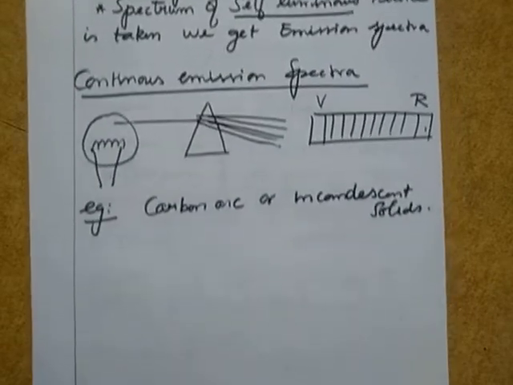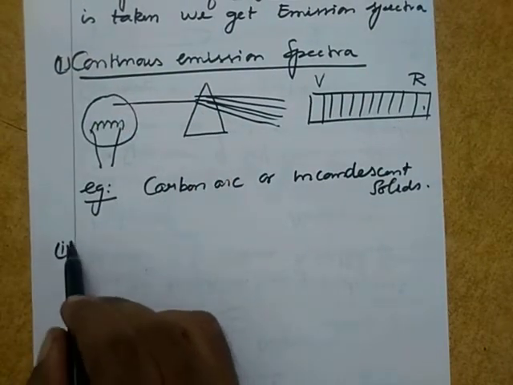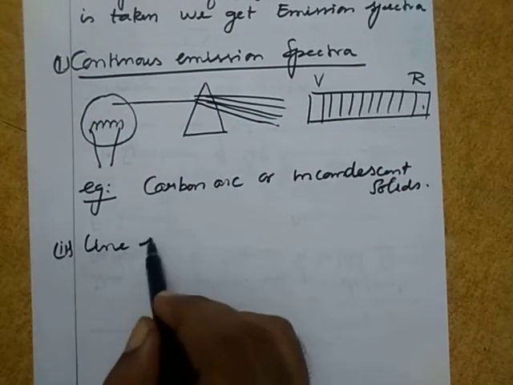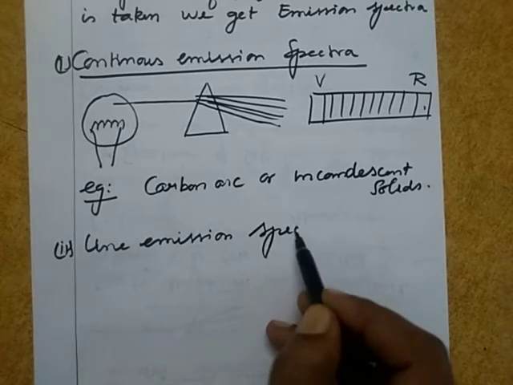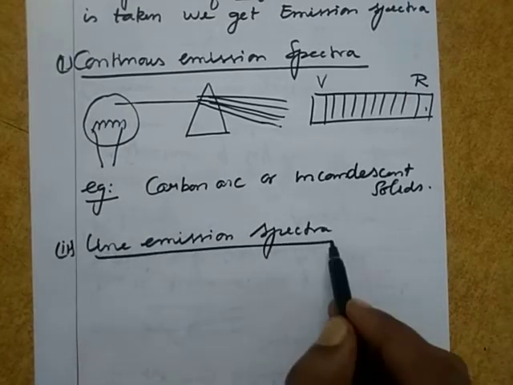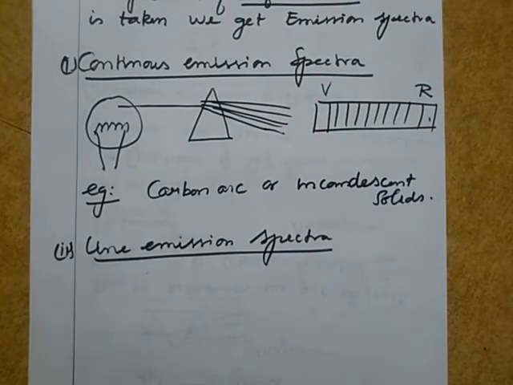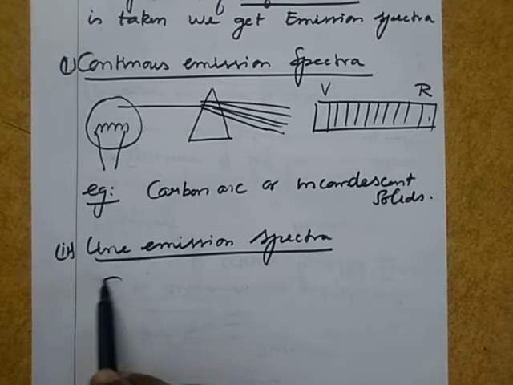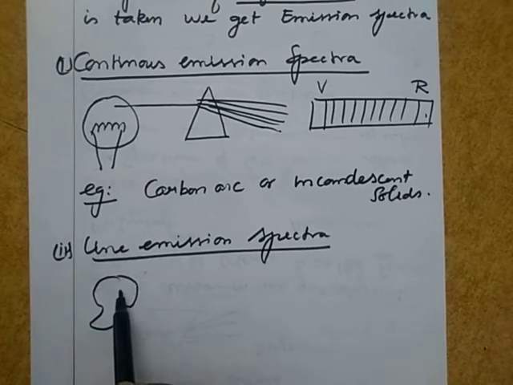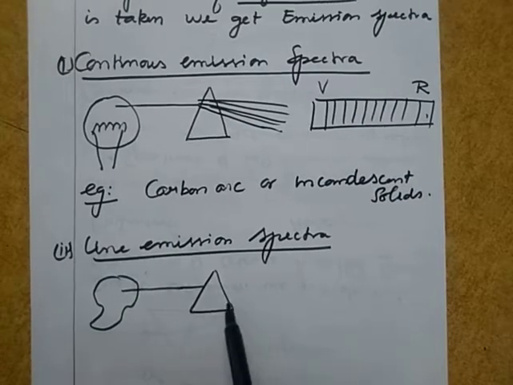The next one, line emission spectra. This is the opposite of that. Here the light from a hot gas is allowed to pass through a prism.